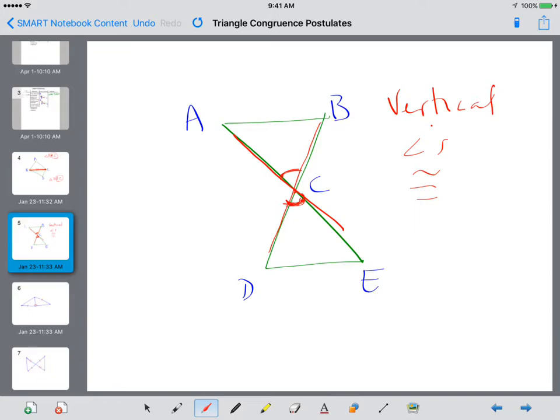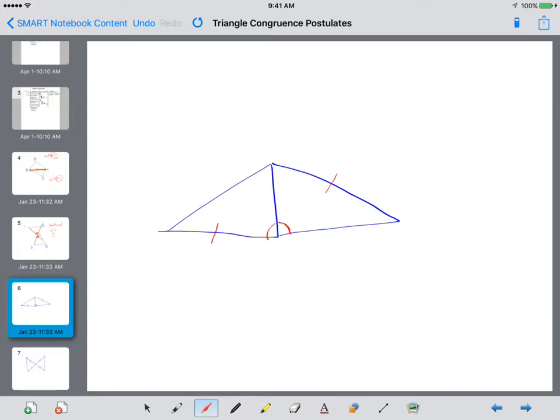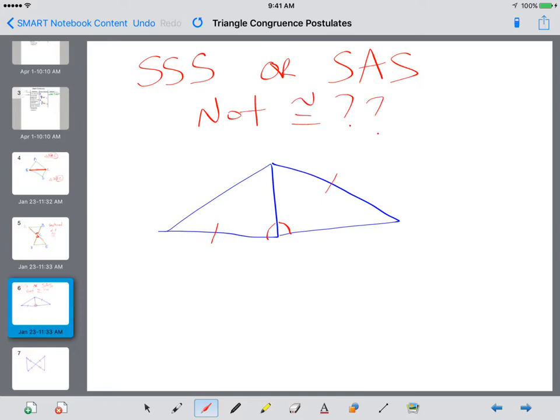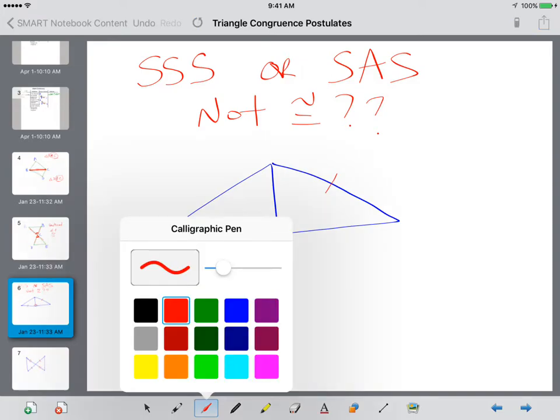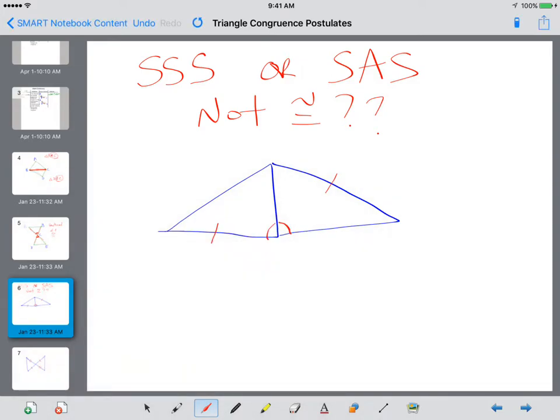So let's go to example 1. We want to state, is it congruent by side-side-side, or side-angle-side, or maybe they're not congruent. The first thing I notice here is these two triangles share this side.